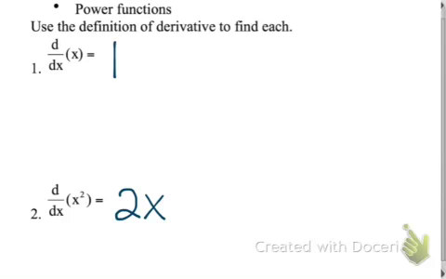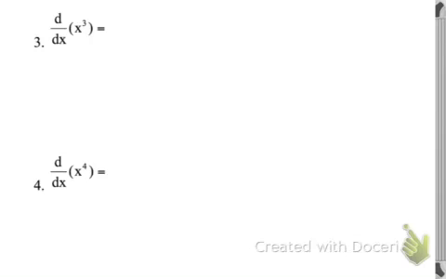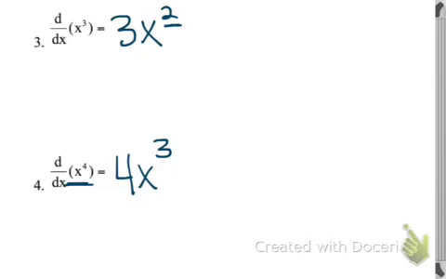And again, we talked about in class, if I start with linear, the derivative is a constant. If I start with quadratic, the derivative is linear. The derivative of x cubed comes out to be 3x squared. So I start with to the third power, I end with the second. So you might see the pattern that the exponent is always 1 less. The derivative of x to the fourth is 4x cubed.